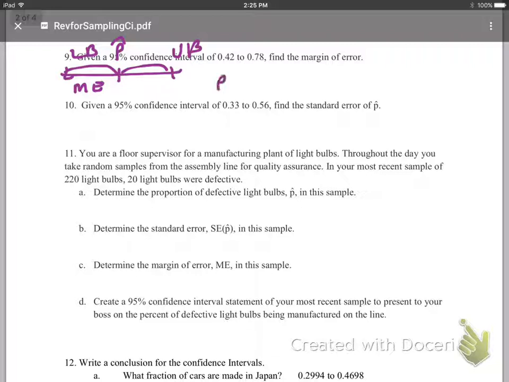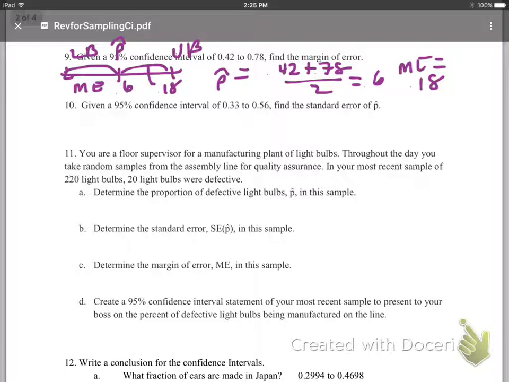So p hat is equal to 0.42 plus 0.78 divided by 2, which gives me 0.6. So now I just subtract, so 0.6 minus 0.42 gives me 0.18. So my margin of error is equal to 0.18.